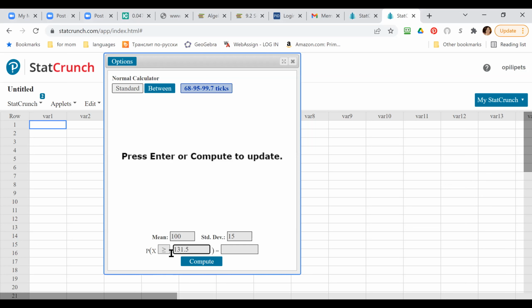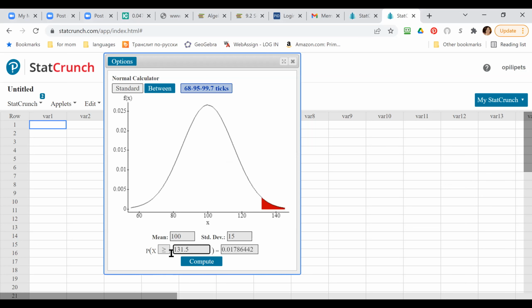And that probability is 0.0179, rounded to 4 decimals. Now that tells me that less than 2% of people have an IQ score that's greater than that value.